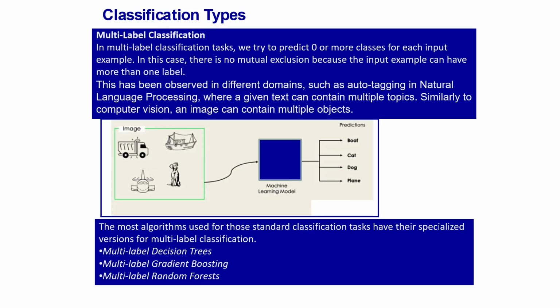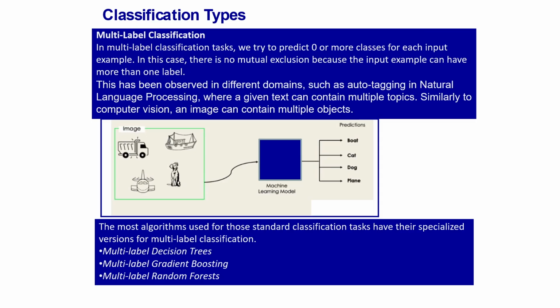This has been observed in different domains, like auto tagging in NLP, or natural language processing, where a given text can contain multiple topics. Do you know that a given text can contain multiple topics? You write one sentence where each of these words can have multiple topics.